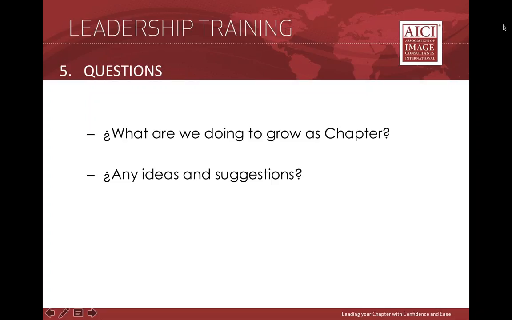It's a way to help new image consultants, if they have a lower fee at first, so they don't have to quit the next year. They have joined AICI.